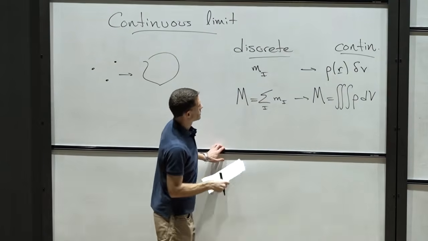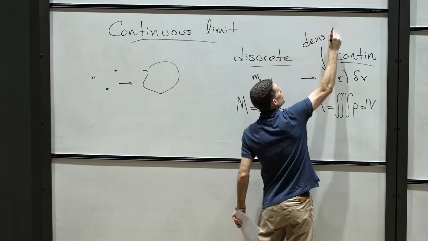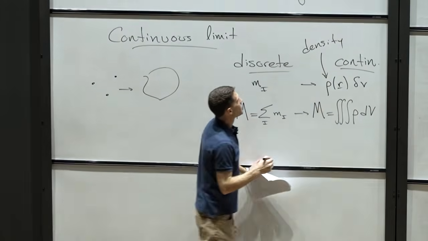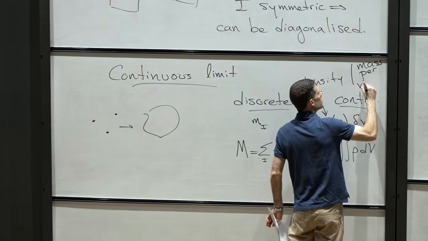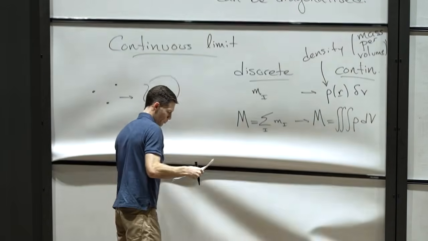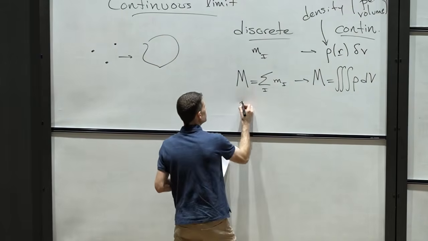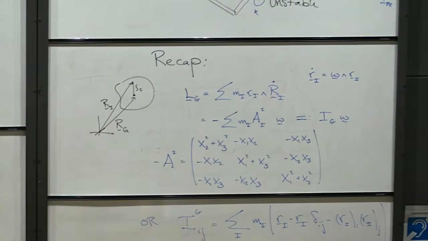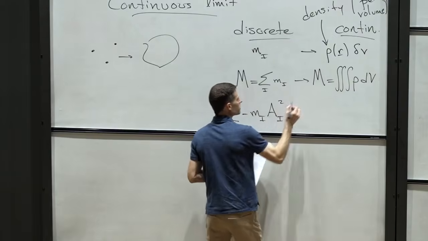So sorry, let's write it. Rho is a density here, meaning mass per volume. And then we have our actual inertia tensor, which is made of this sum of m's times these a sub i's, so minus m sub i a_i squared.